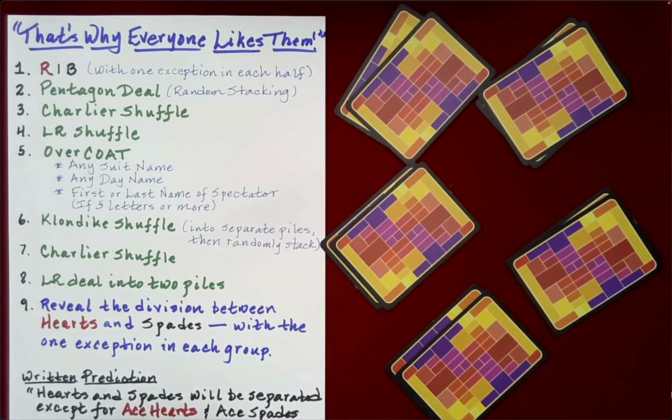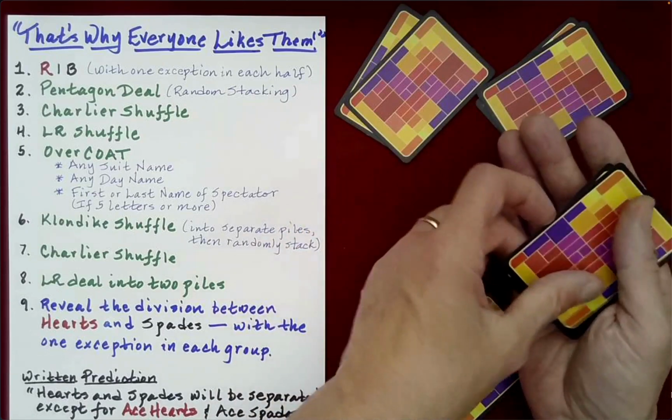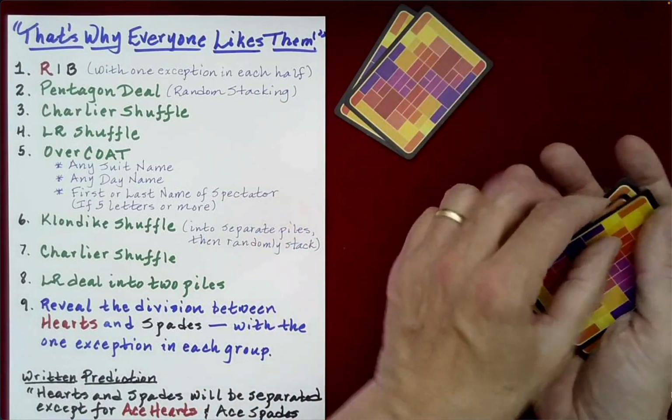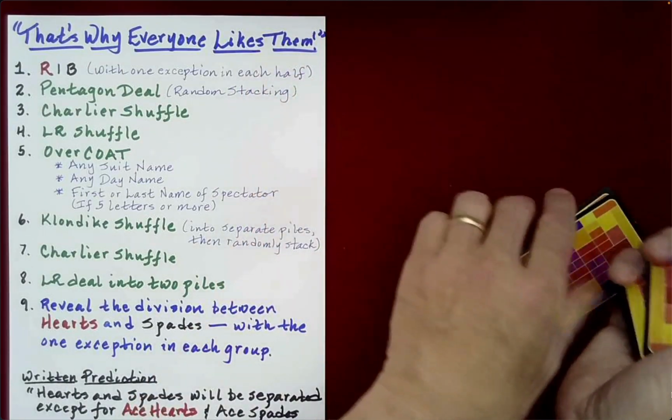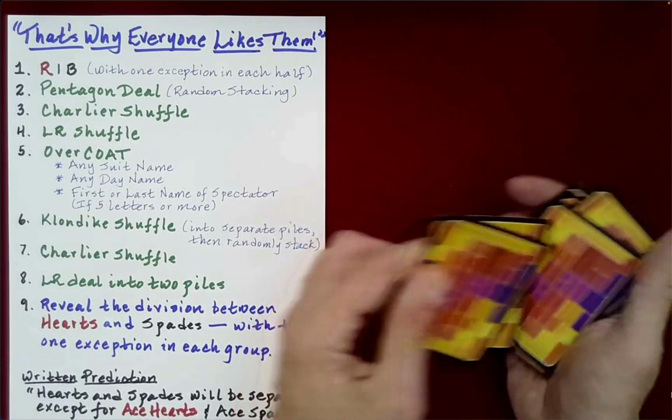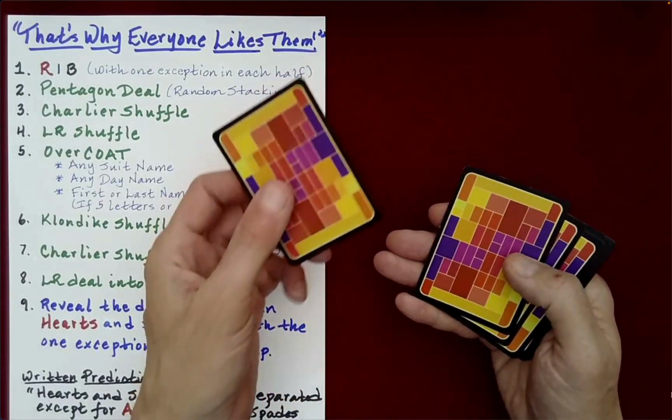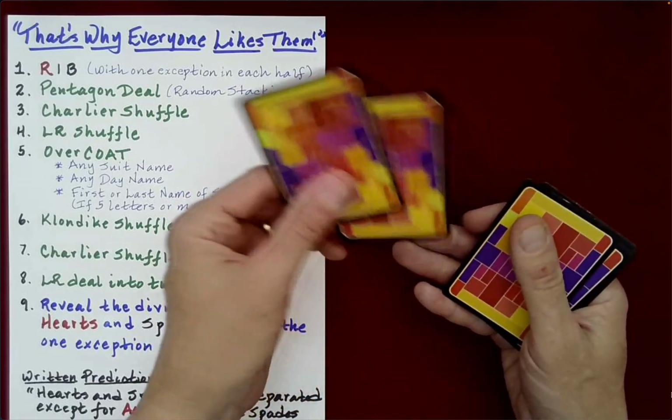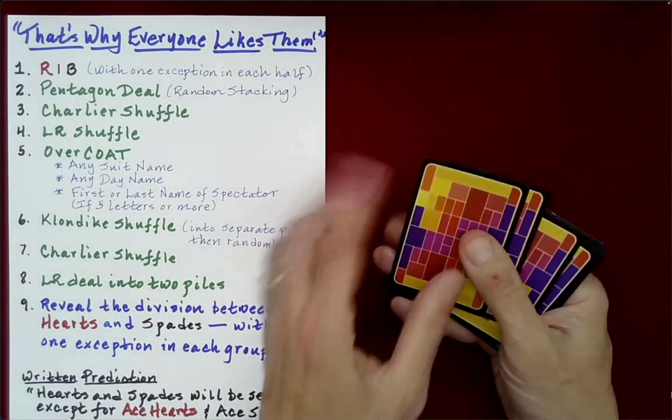Okay, so if we just randomly stack these, we'll be creating an alternating packet again, alternating between cards that started in the top half and cards that started in the bottom half, and that will be true all the way through.